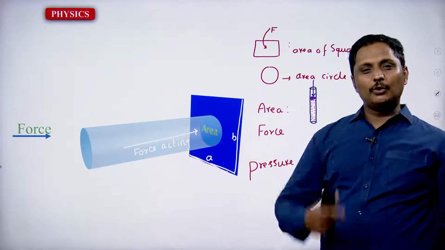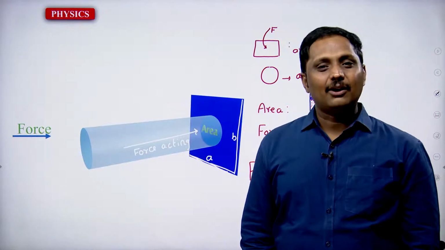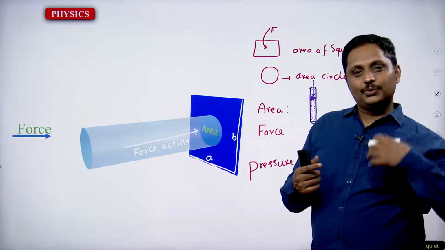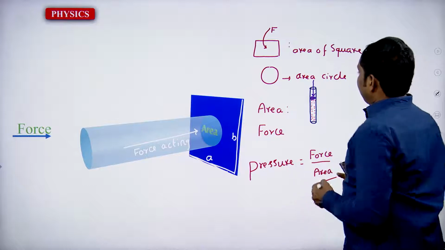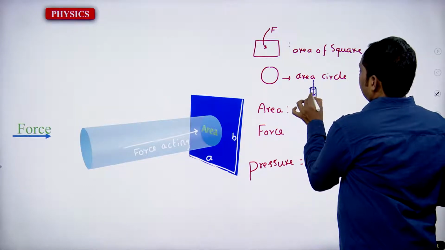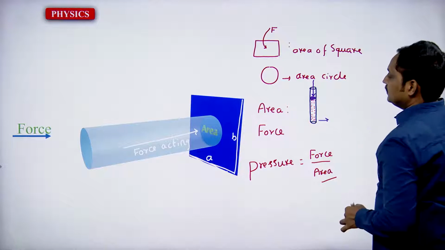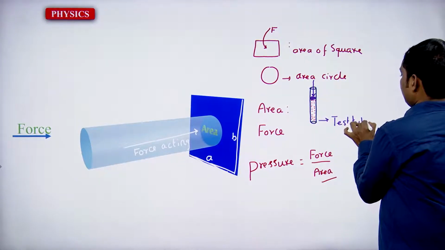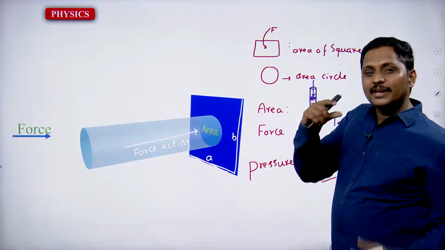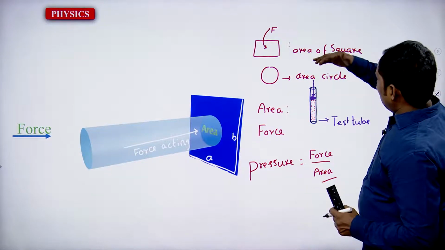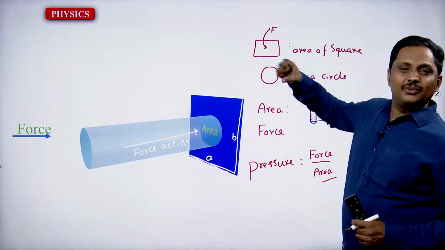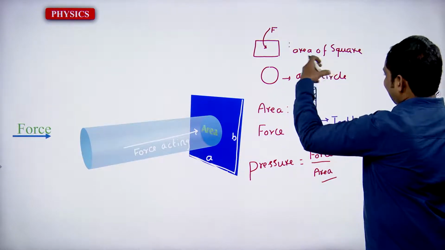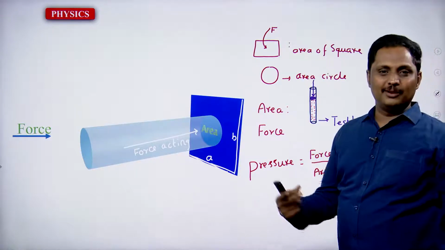Generally, liquids don't have a shape, but they take the shape of the container. They occupy that space, it is a test tube. So, what can you think? Due to the presence of the environment, there exists a force, you know very well about that.